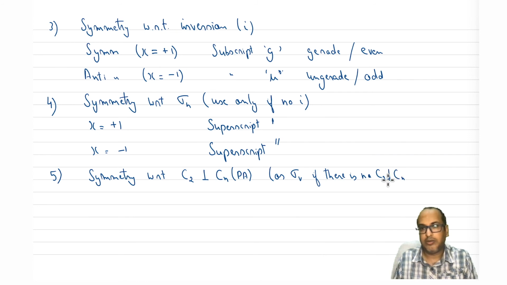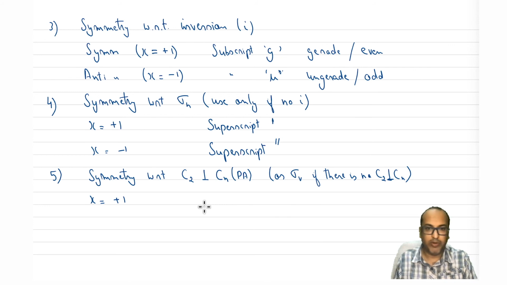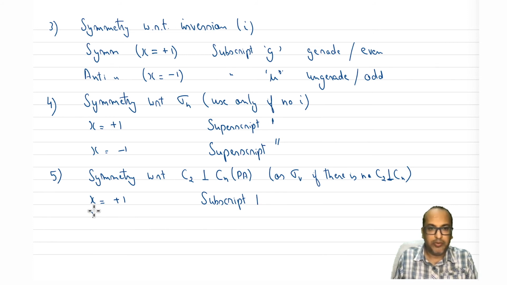Again, if chi is equal to +1, then you have subscript 1. If chi is equal to -1, then you have subscript 2.